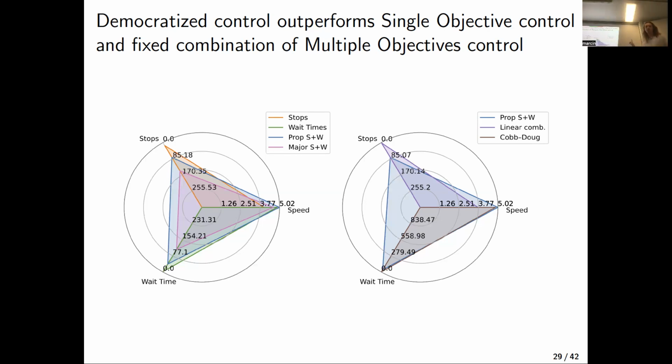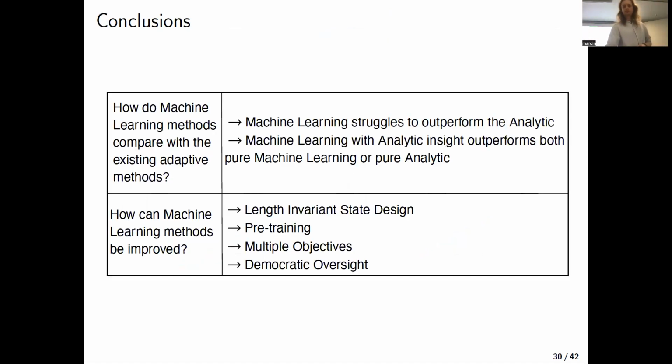And we use linear combination and Cobb-Douglas combination. And what we see here, quite surprisingly perhaps, is that these combinations are not really able to express the changing preferences in a good enough way. Because when we use Cobb-Douglas, it optimizes actually wait times. And when we use the linear combination, it actually optimizes the stops. And so again, our method is superior because it's able to satisfy both of these objectives.